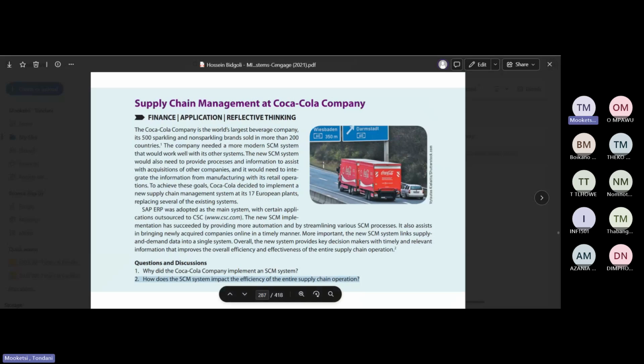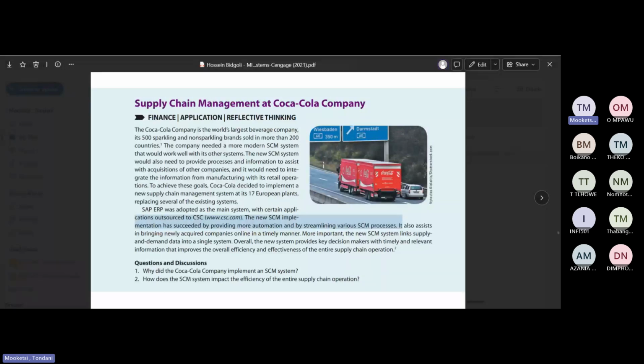So it says here that the new supply chain implementation has succeeded by providing more automation. So that is a positive impact on the efficiency, more automation by streamlining processes. It also assists by bringing newly acquired companies online in a timely manner.